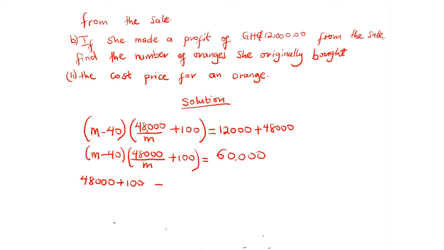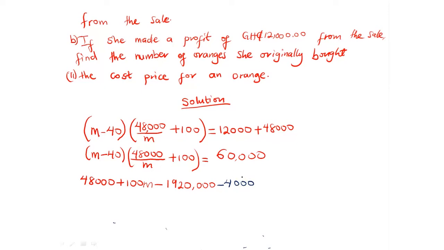Then negative 40 times 48,000 over M will give us minus 1,920,000 over M. Then negative 40 times 100 is negative 4,000.